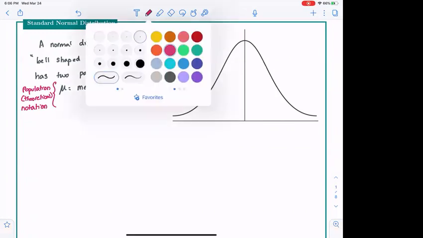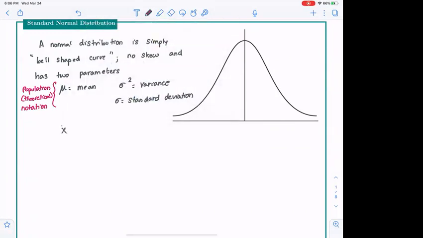And for the sample case, we simply have x bar to be the sample mean and s to be the sample standard deviation.